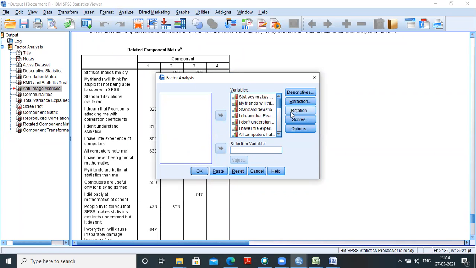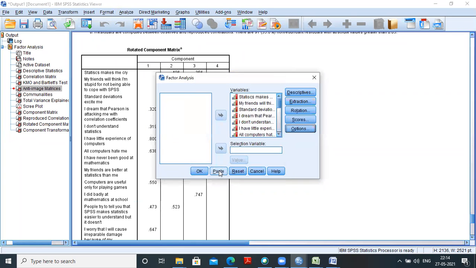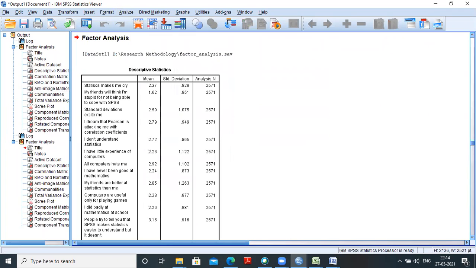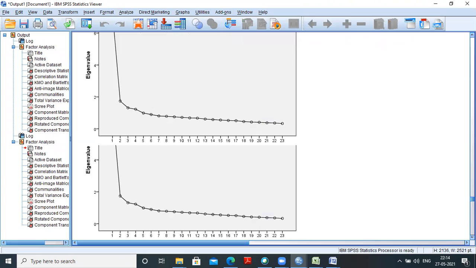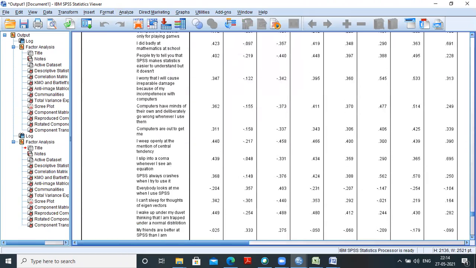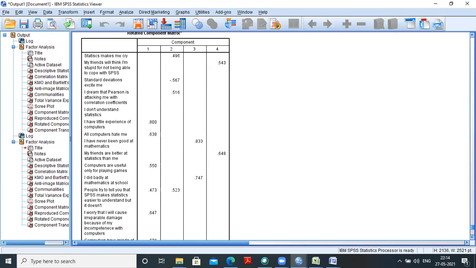I'm applying this. I'm taking here 0.45 so that results become better. This is the rotated component matrix.